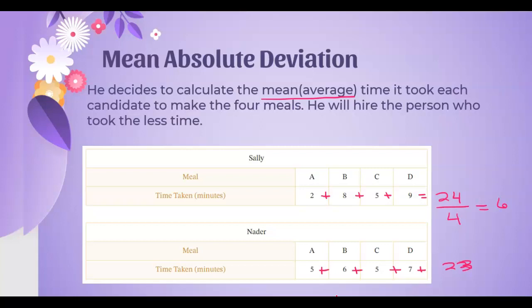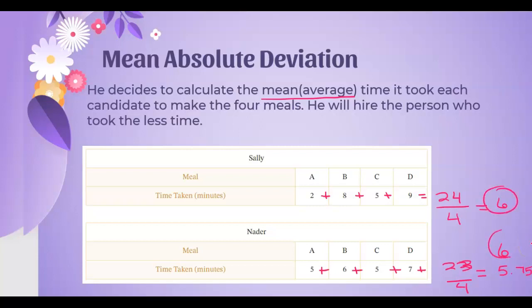Alright, and if we divide that by 4, 5.75. Okay, we're going to round that up to the nearest minute, so that was 6 minutes.